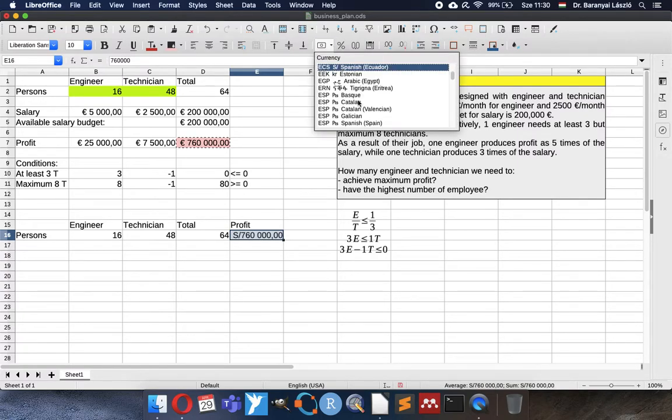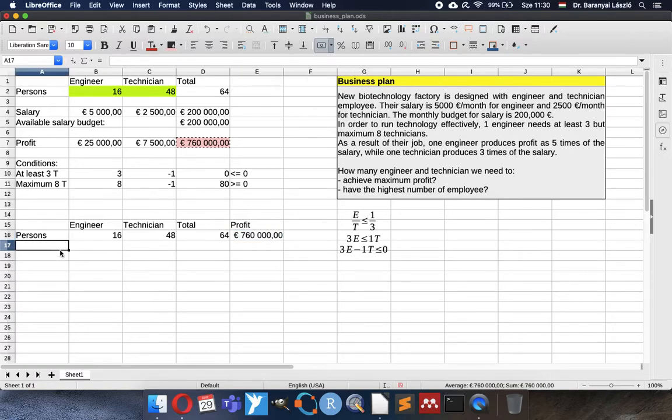Oh, again, Netherlands, that's euro. Okay, so now we can see how much profit we can reach. This is the maximum profit we can obtain with 16 engineers, 48 technicians, and you can see that all of them, of course, satisfy the requirements, and we can get this nice high profit.